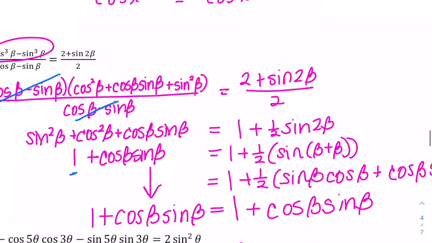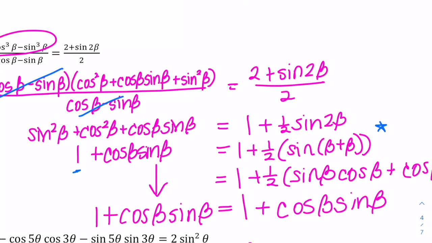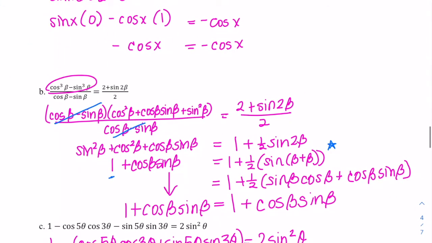And so we end up just using this sum formula right here, sine of beta plus beta. When we add those together, we get 1/2 times 2 of these sine beta cosine beta, which reduces down to cosine beta times sine beta. And so we can end up with the left side being equivalent to the right side.